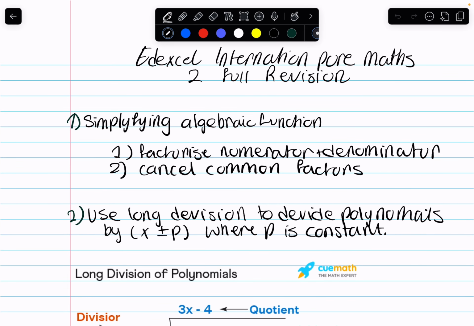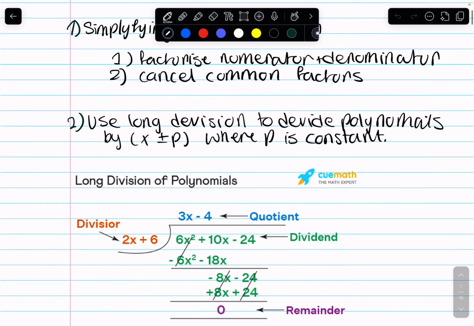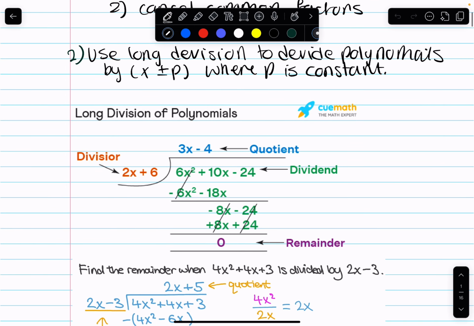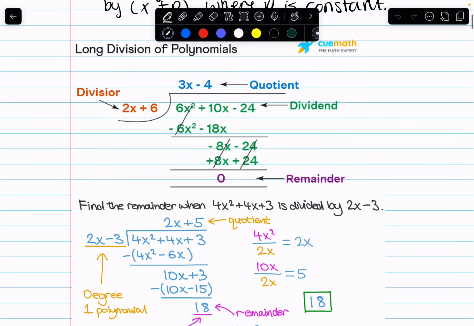So first of all, we have simplifying algebraic functions. Basically you factorize the numerator and the denominator and then cancel the common factors to make it simplified. Use long division to divide polynomials by x plus p or x minus p, where p is any constant. So long division is like this.